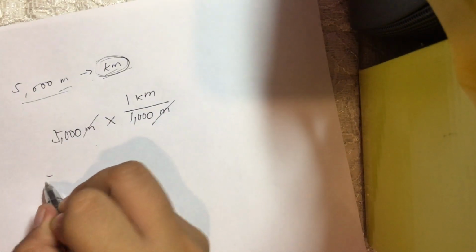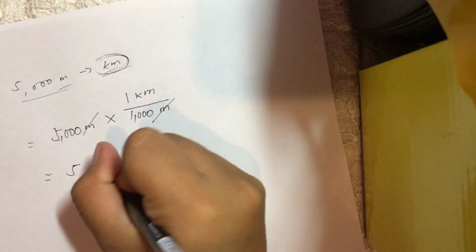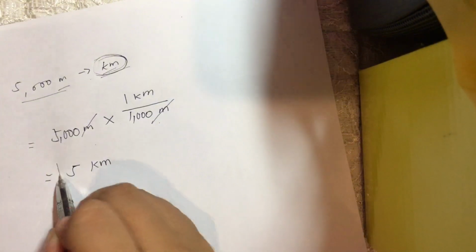So, who can multiply it to get the correct answer? Sige, 5,000 times 1 divided by 1,000. How much is it? Very good, Miss Abby. So, it is 5 kilometers. So, this would be your final answer.